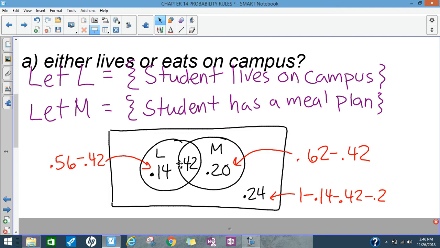My probability always has to add up to 1, so 14% live on campus, 20% just have a meal plan, 42% do both, and that leaves 24% that don't fall into either category. So those are people who live off campus and don't have a meal plan. Something probably you do when you're an upperclassman.